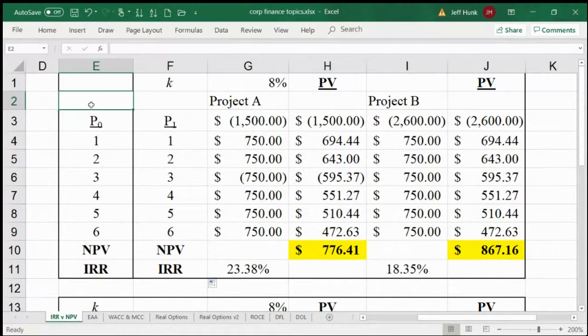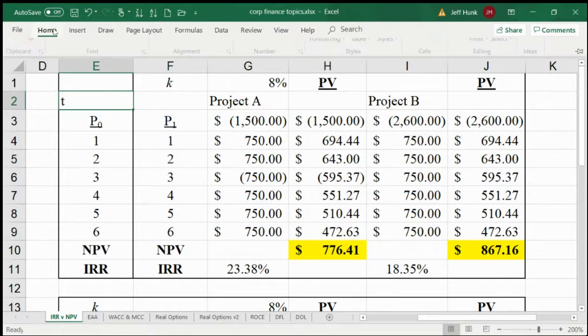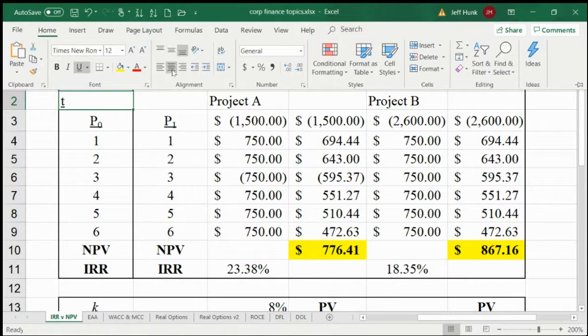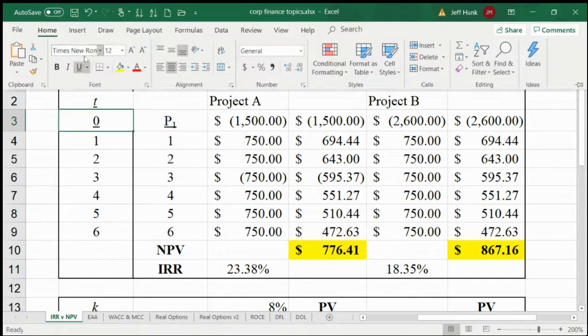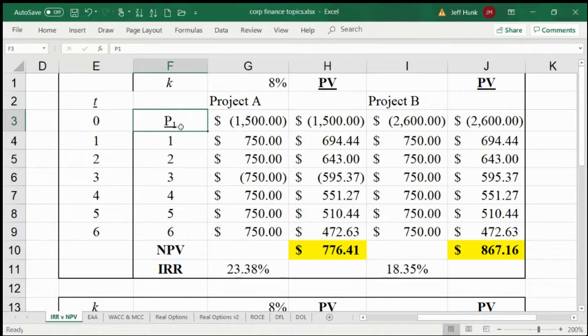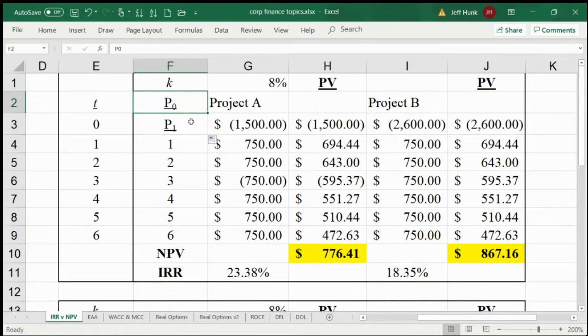I'm going to call this time, just give it 0. And the name should be C, cash flow, right?